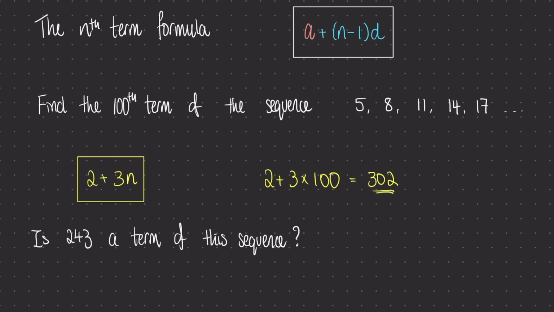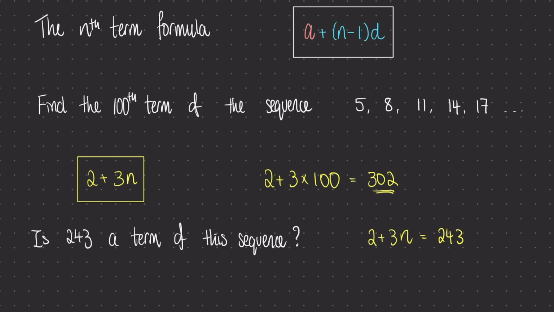So we know that the value of the term should be equal to 2 plus 3 times the number of the term, and we're going to set that equal to 243, which is the value of the term, and so n should work out to be a whole number if 243 belongs to the sequence.